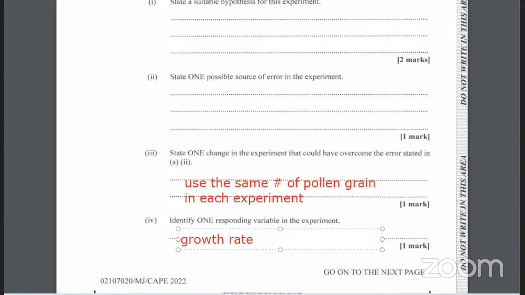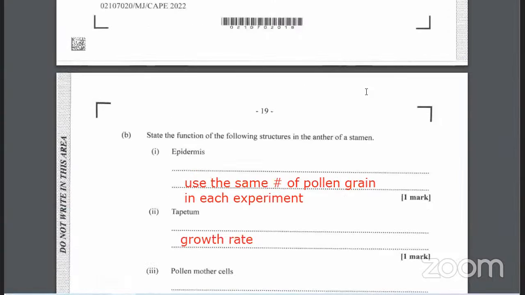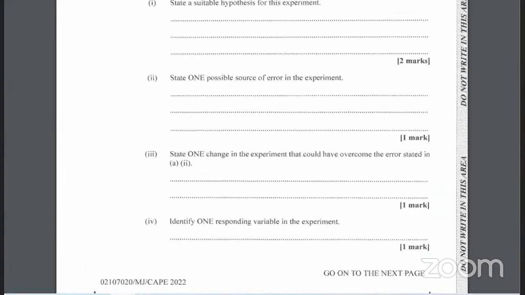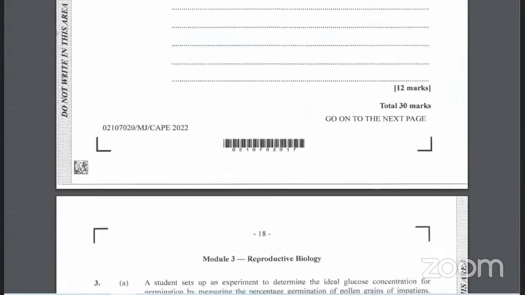So it's the same thing. Or it could also be the number of pollen grains that actually germinate. So we did that.